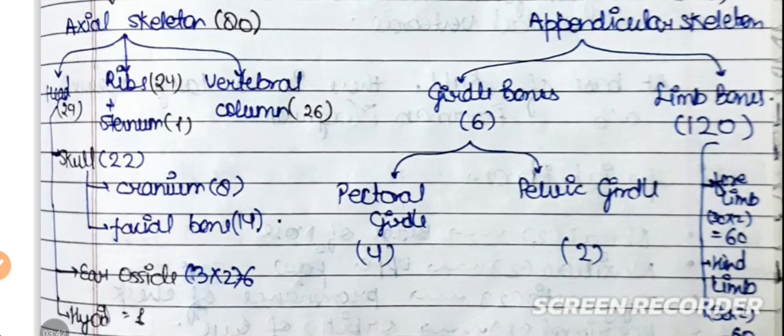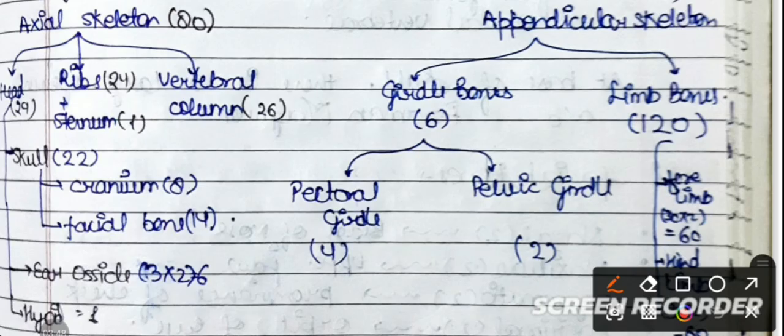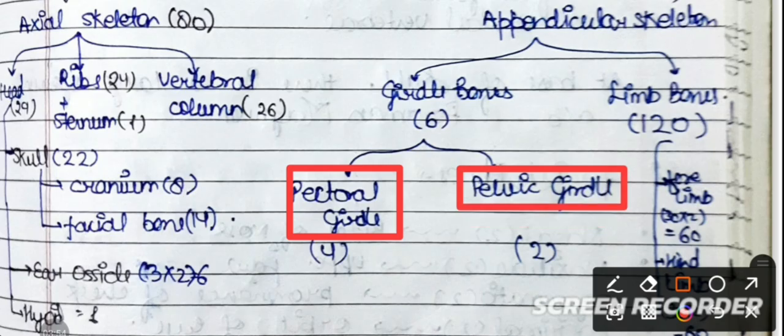Now we are going to talk about the girdle bones and limb bones. There are 2 types of girdles, the pectoral girdle as well as the pelvic girdle. The pectoral girdle has 4 bones and the pelvic girdle has 2 bones.